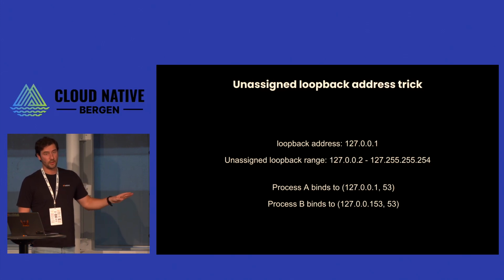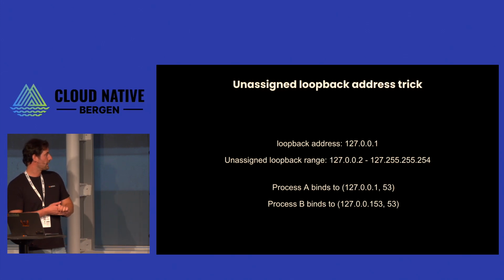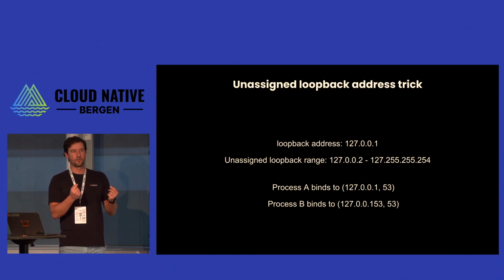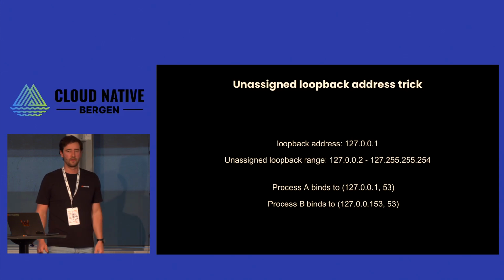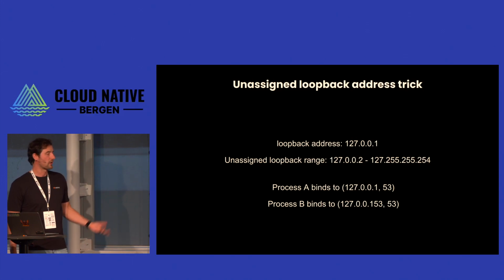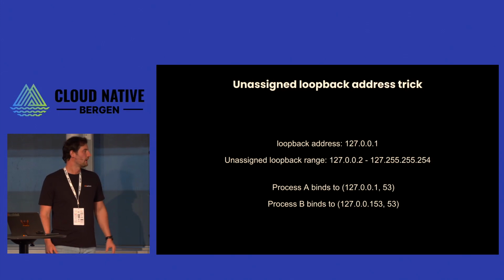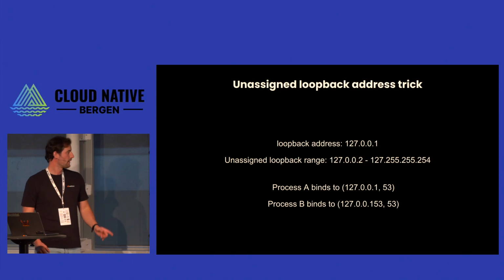And this would work. The reason we chose the unassigned loopback range is that you don't need an actual network interface on the system. You just put this into configuration and you can listen on the port. Because if you have something like 192.168, you actually need the interface created on the system.